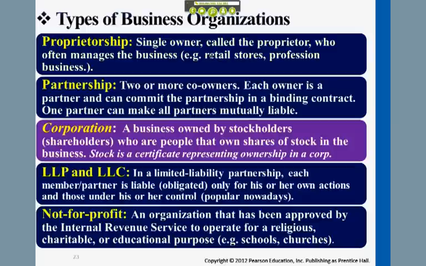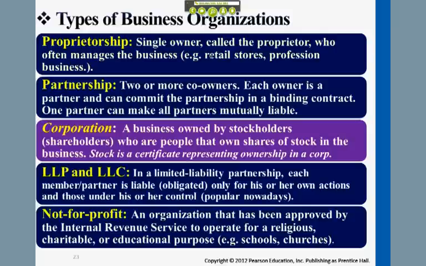Just by the terms here, you can see that proprietorship has special characteristics that are very different from all the others. There's only one single owner, one single business manager in the entire firm. So proprietorship means that you don't have multiple partners. You're the only one in charge of the entire firm.